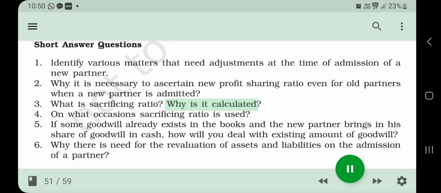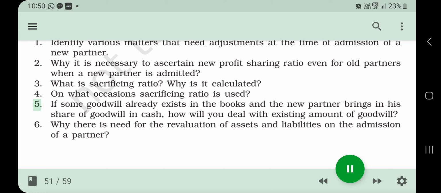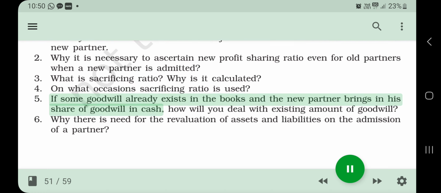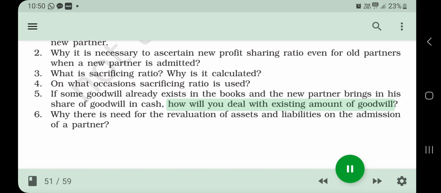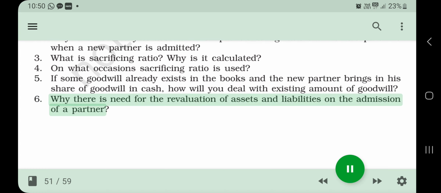Why is it calculated? 4. On what occasions is sacrificing ratio used? 5. If some goodwill already exists in the books and the new partner brings in his share of goodwill in cash, how will you deal with the existing amount of goodwill? 6. Why is there a need for the revaluation of assets and liabilities on the admission of a partner?